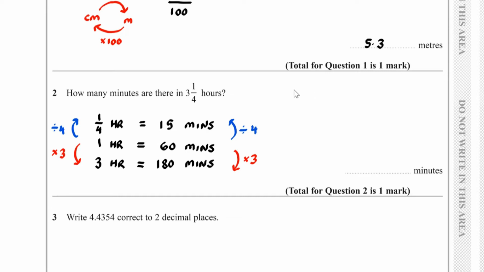And therefore, in 3¼ hours, there will be 180 minutes plus 15 minutes, which is 195 minutes.